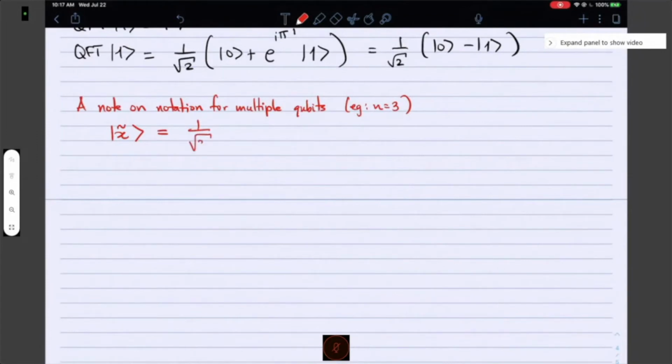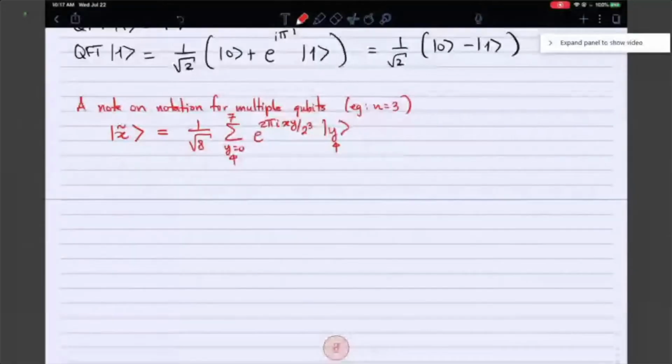So you have this 8 in front, and you have y going from 0 to 7 of e to the 2 pi i x y divided by 2 to the power of 3, of y. When you see something like this, notice the sum. The sum is going from 0 to 7. So the numbers in here are going from 0 to 7. But what exactly does that mean, going from 0 to 7?